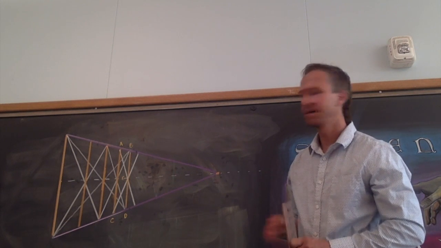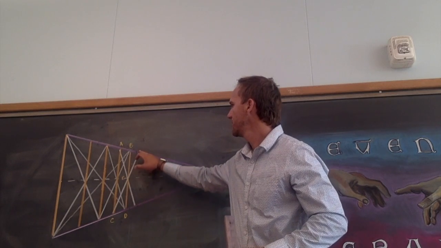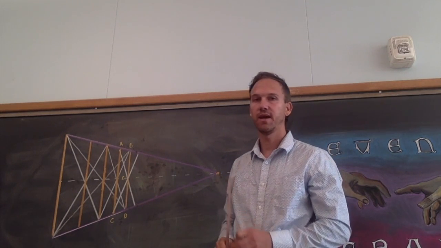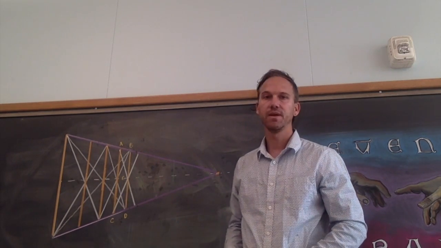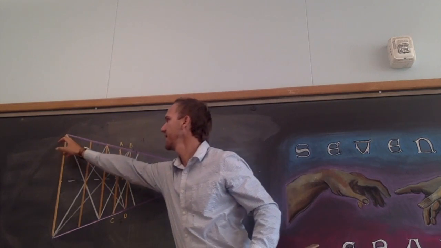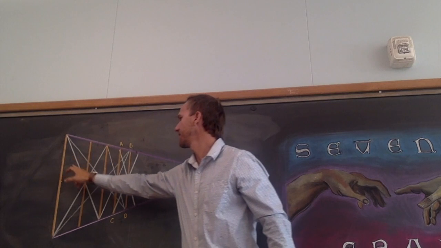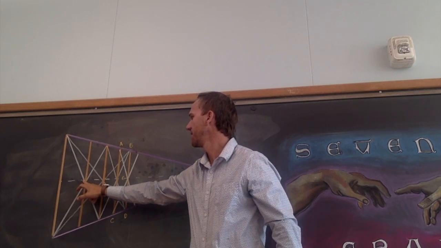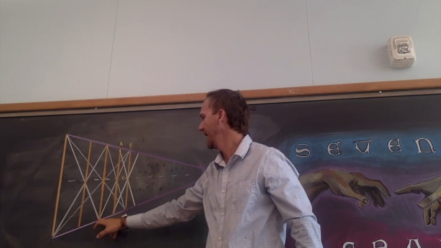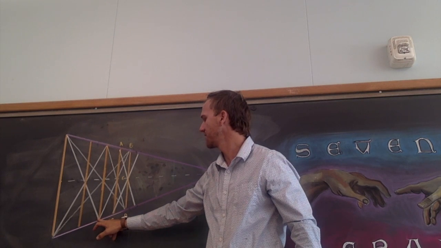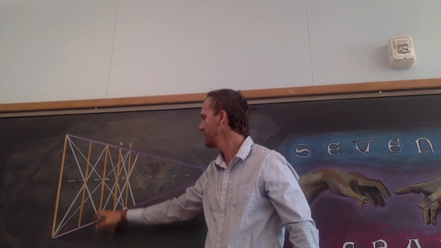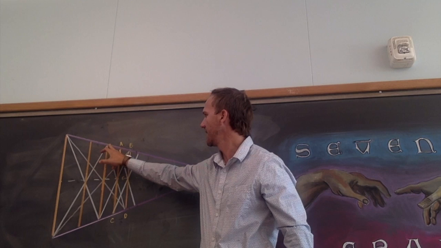Hopefully you've realized that these two new points right here should create a vertical line. How do we know that? Well, let's look at our very first two long diagonals. This long diagonal cuts through the midline of here and then comes down to the edge of our triangle. From that edge sprouts up a vertical line.